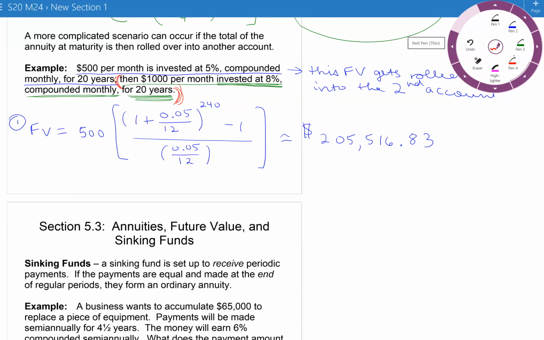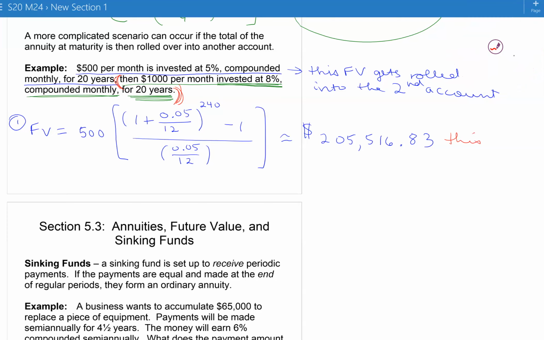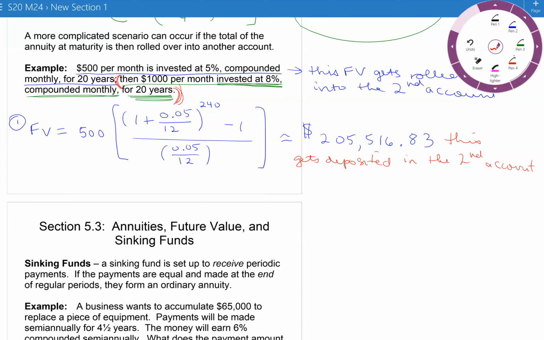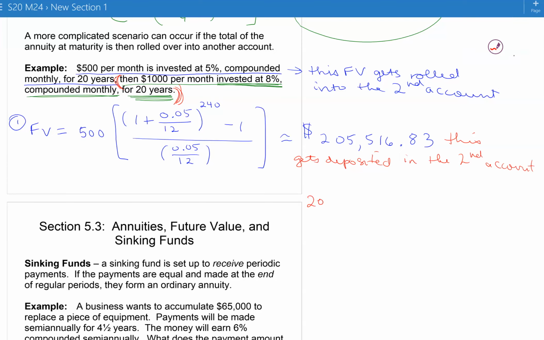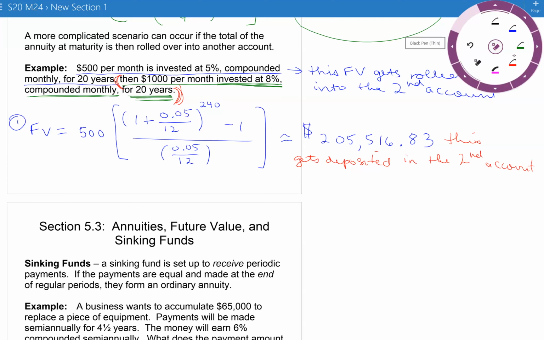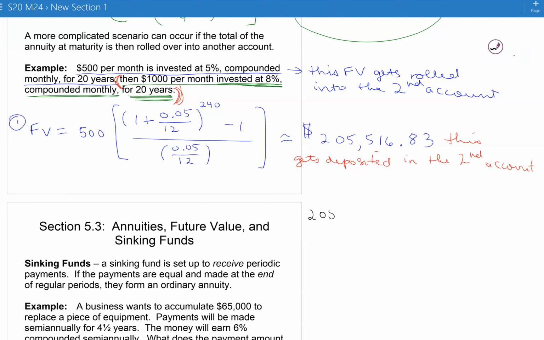Then this gets deposited in the second account. So we take this amount, the 205,516.83, and we just do compound interest with the second account's information.